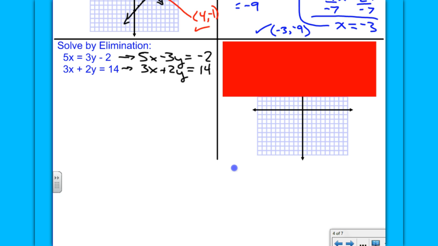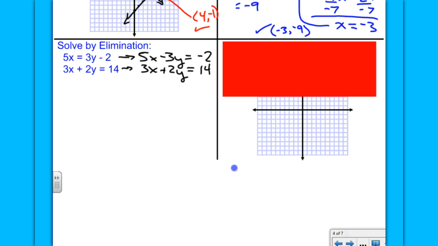We like opposites because when you add opposites, 2 plus negative 2 equals 0. So we're going to have to go ahead and use the advanced method of blowing these up. We're going to blow up the entire equation so that we end up with opposite coefficients. So which variable would you like to blow up?